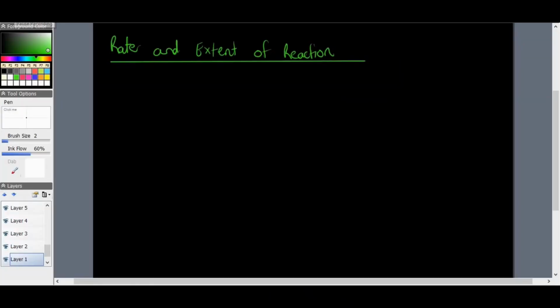Rate and extent of reaction, Grade 12s, which will be part of your June exam and part of your final exam. In Grade 11, of course, we had learned about energy and chemical change. We looked at the energy change that happens in reactions. We had looked at potential energy diagrams. Obviously, we looked at endothermic reactions, where the heat of our products was greater than the heat of our reactants.